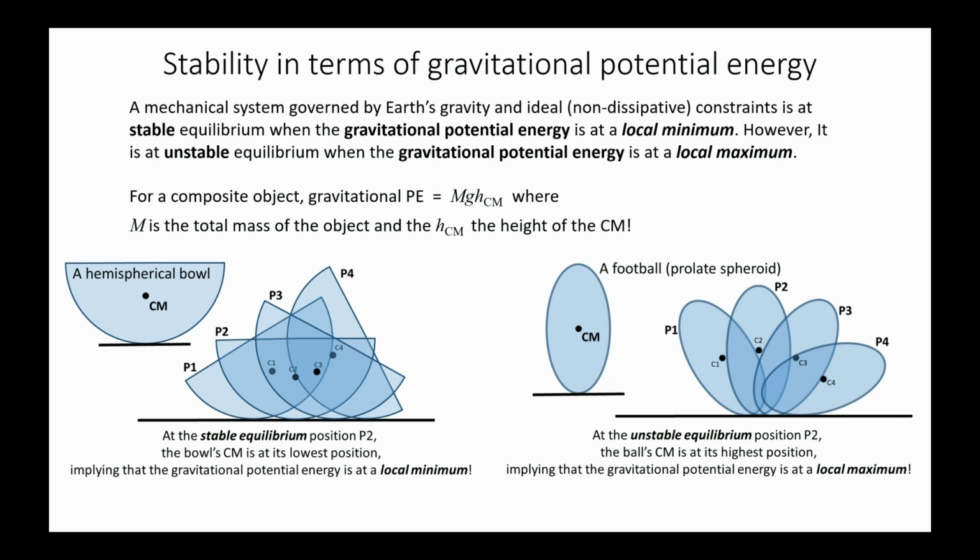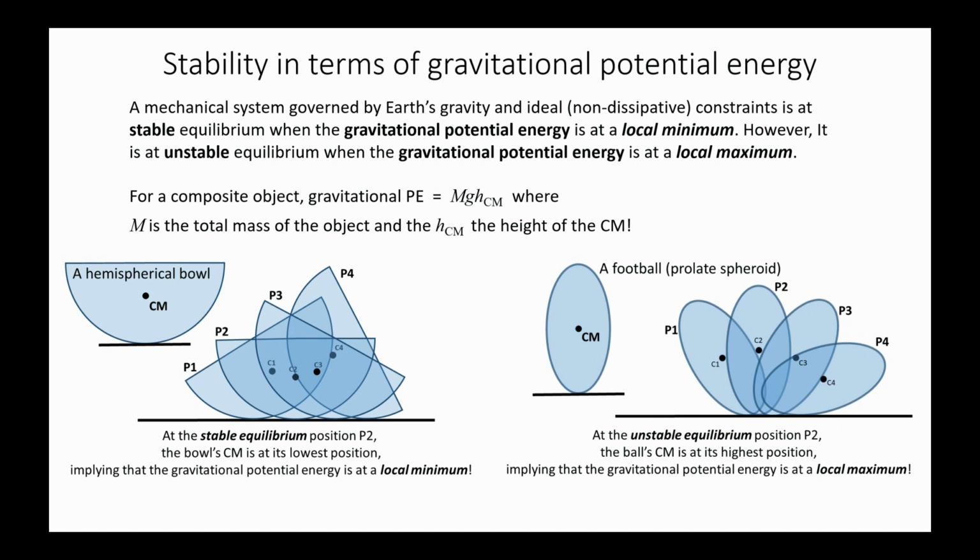Okay. So on the left-hand side, again, we show a schematic of a hemispherical bowl. The bowl itself is just standing at rest on its vertex, and that happens to be a stable equilibrium as well, which might be somewhat obvious to us from experience or intuition.